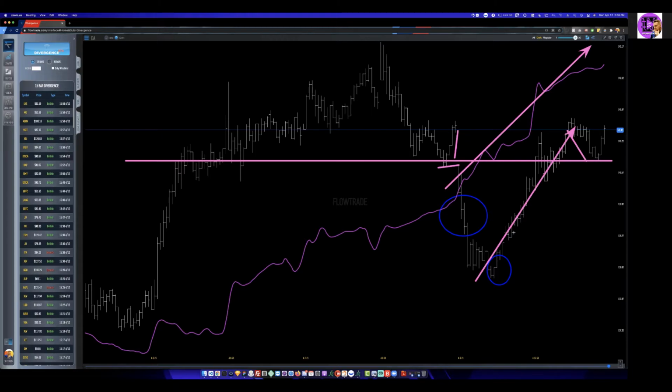This is one of my favorite patterns to play, where it goes up, breaks through previous resistance, comes back down, makes that resistance support, and then continues on. That's a 1, 2, 3 pattern.